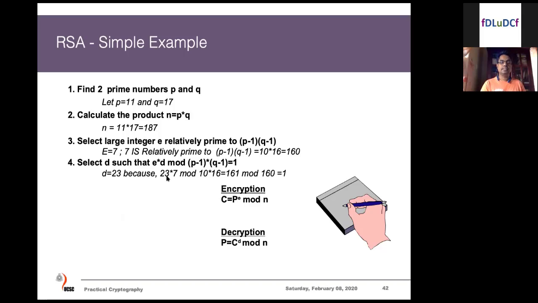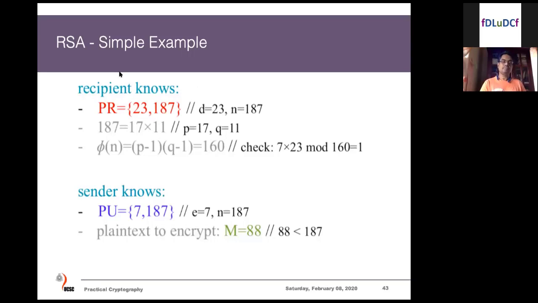My public key is 7 together with N, that is 187, right? So the recipient knows the private key. In this example, the private key is 23 and 187, that is D and N, right? So in this example we calculated, and this is the private key, the public key is 7.